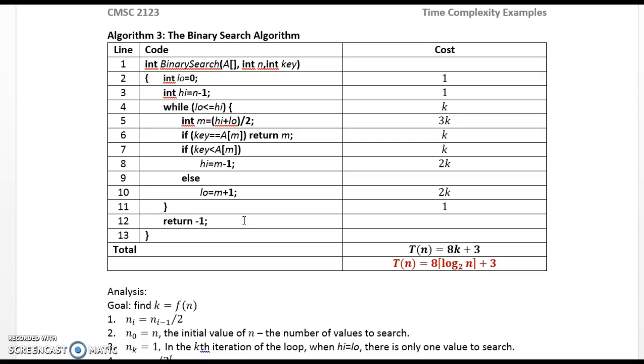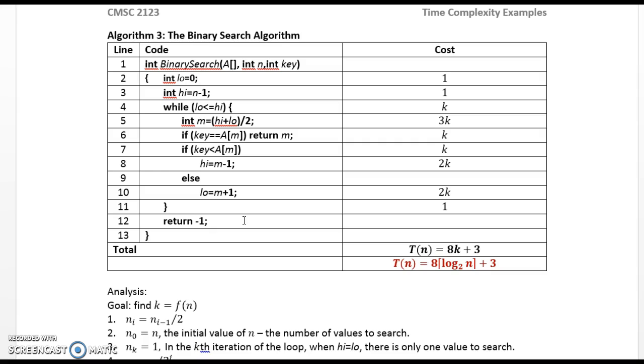If not, we decide if it's in the top half, and if so, we eliminate the bottom half from the search. If it's in the bottom half, we eliminate the top half, and we continue to refine, throwing away half the remaining values until we have only one remaining value.